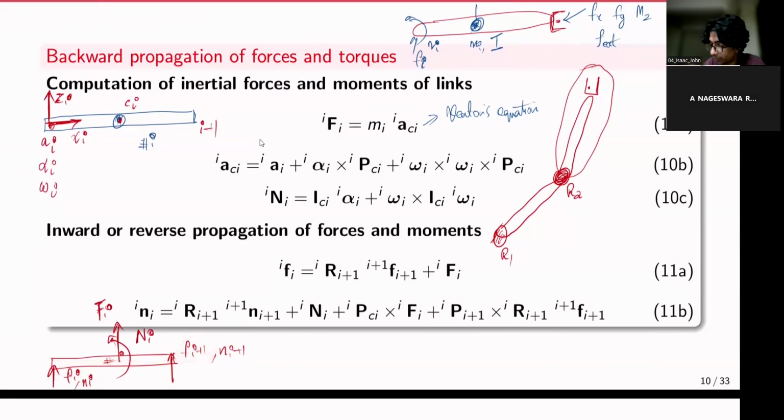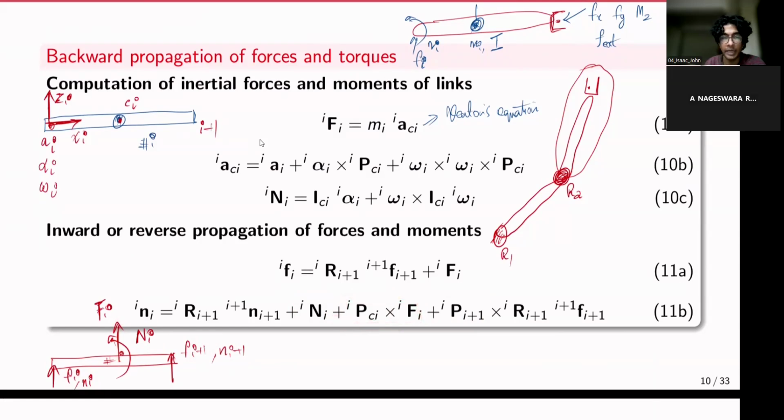We have that term over here. Then we have the moment contributed by the inertia, which is this term, and the moment contributed by the inertial force Fi, that is this term.